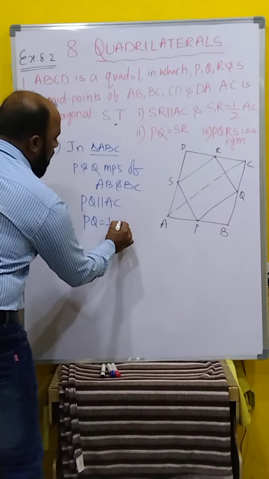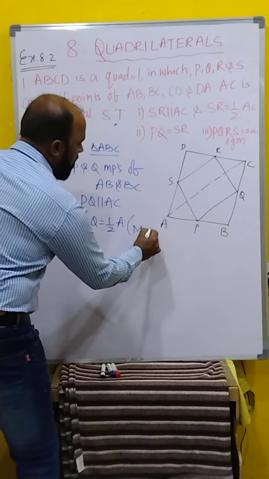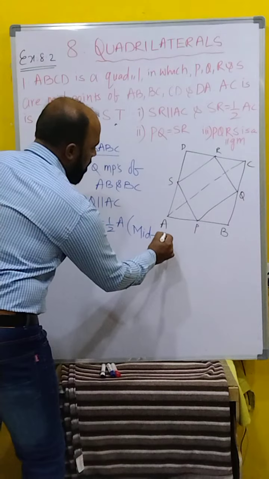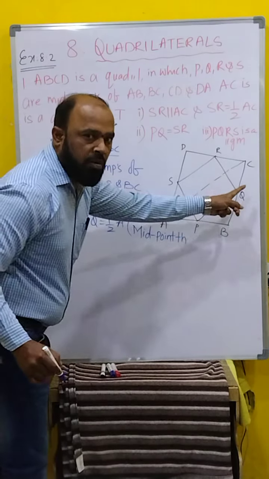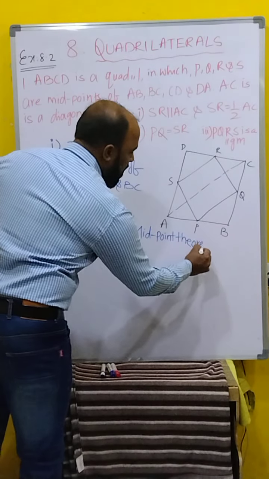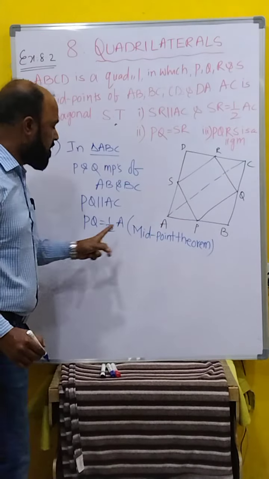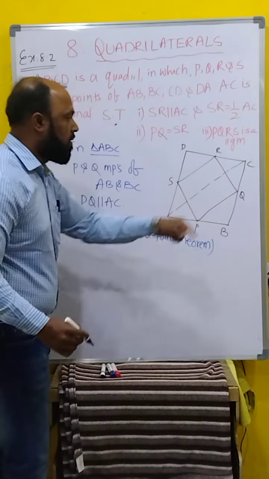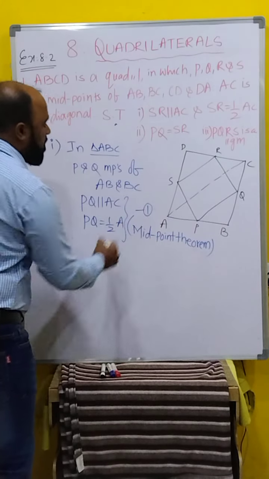What is the theorem here? From midpoint theorem. When P and Q are midpoints, it is possible. From midpoint theorem, PQ parallel to AC and as well as PQ is equal to half of AC. Okay, this is number 1.